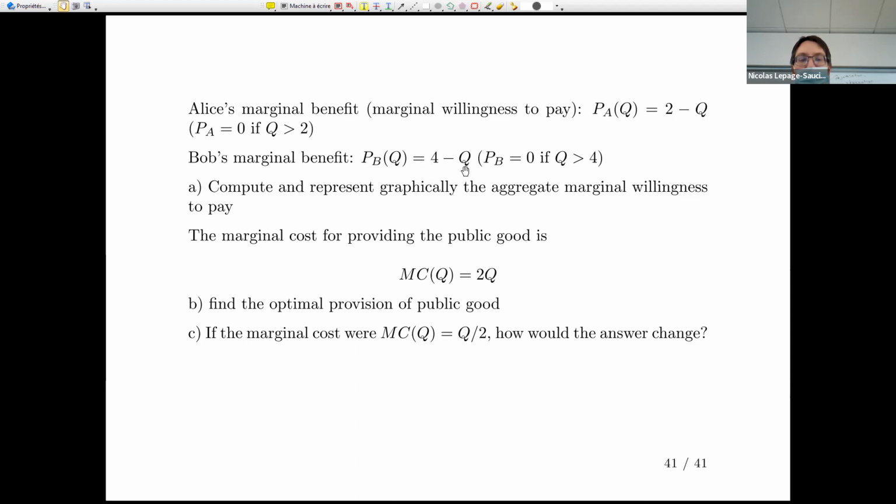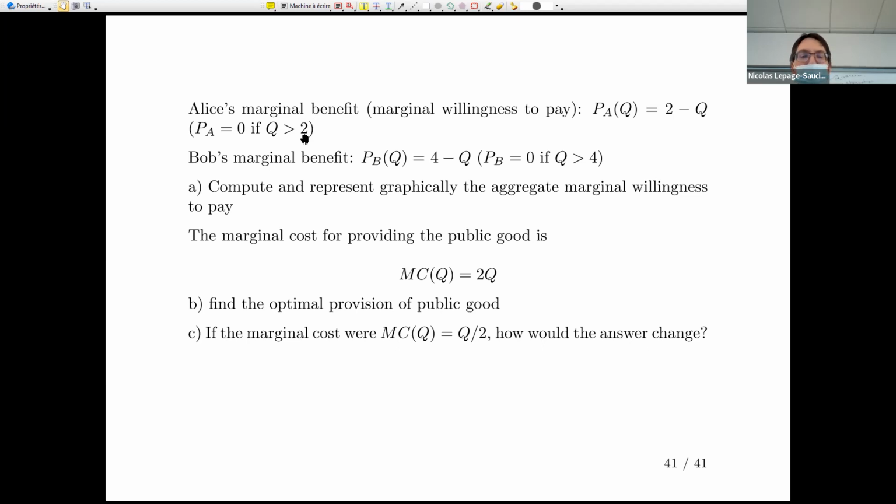And by the way, I've also noted that if they have too much of the good in question, then it doesn't become negative. So if I just write to you this formula, then you would assume that if Q becomes like 10, then the marginal benefit would be 2 minus 10, so minus 8. So that's not the case. It's just that in that case, our willingness to pay for it would be 0.